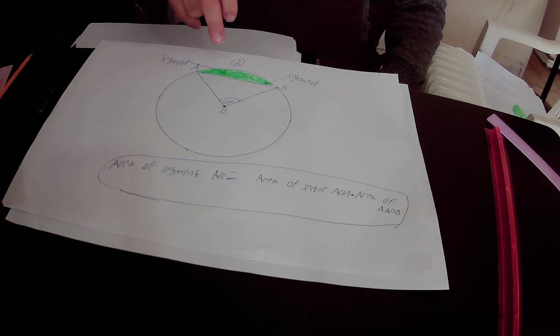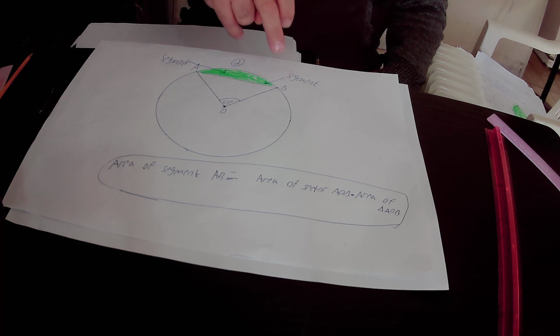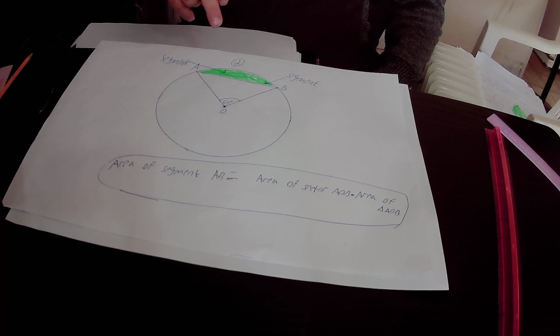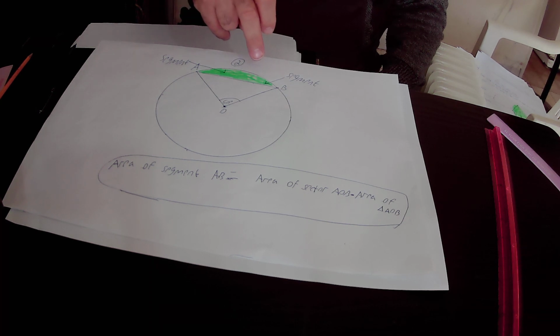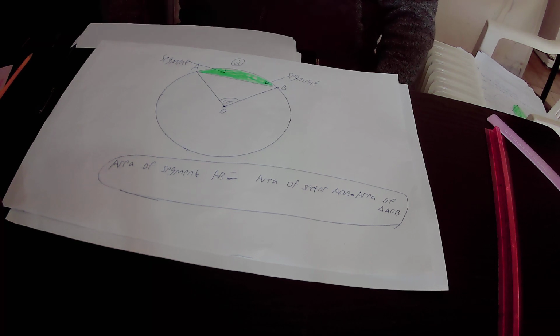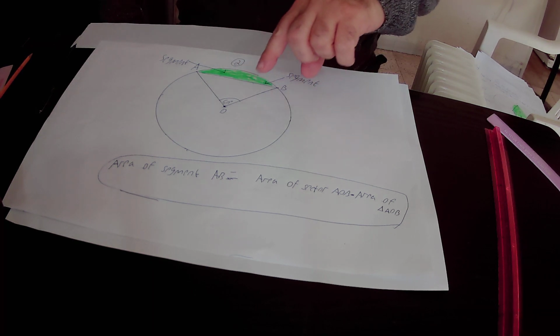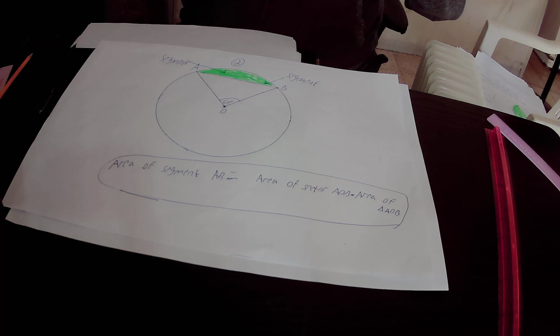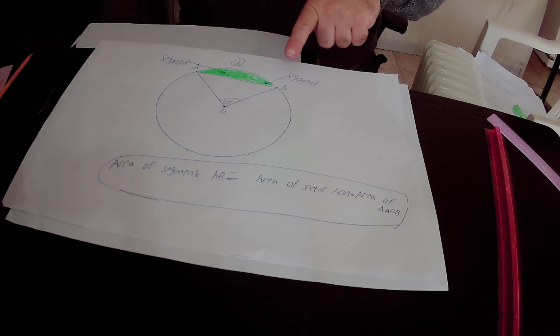So here, the area of the green shape, the area bounded by arc AB and chord AB, actually equals the area of sector AOB minus the area of triangle AOB. Again, the area of sector AOB minus the area of triangle AOB equals the area of segment AB.